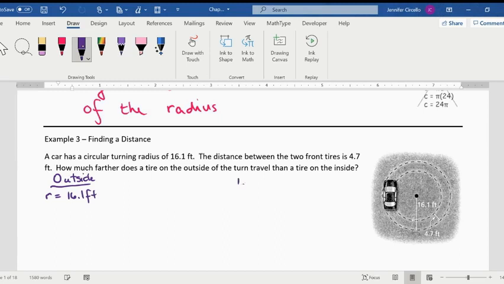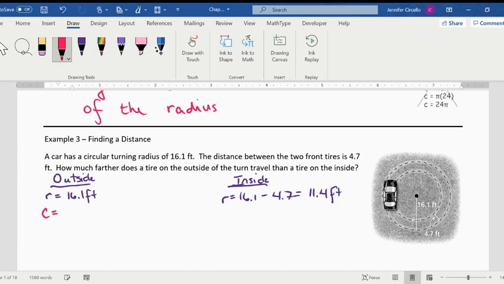But if you look at the inside tires, the radius, we have to take that 16.1 and subtract 4.7. And that gives us 11.4 feet. Okay, so we have our two radiuses, 16.1 and 11.4. So from that, we're just going to find the two circumferences.